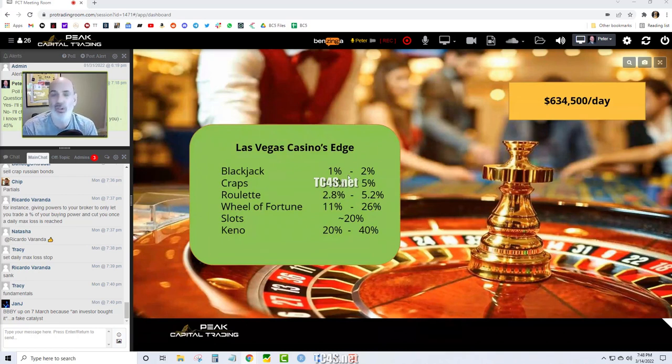So a lot of money flows through and past the table. Most of it they're giving back out. But they know for every $1 million, they're keeping 10 to 20 grand. Craps, the odds are up. Look at Keno and slots. I mean, they know. You want to play Keno? The house loves it. Casinos love it. Go for it. Play Keno all you want because they know they're keeping 20 to 40% of your money.